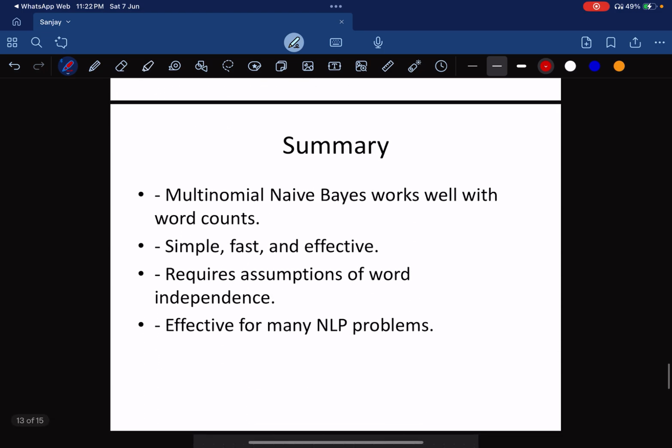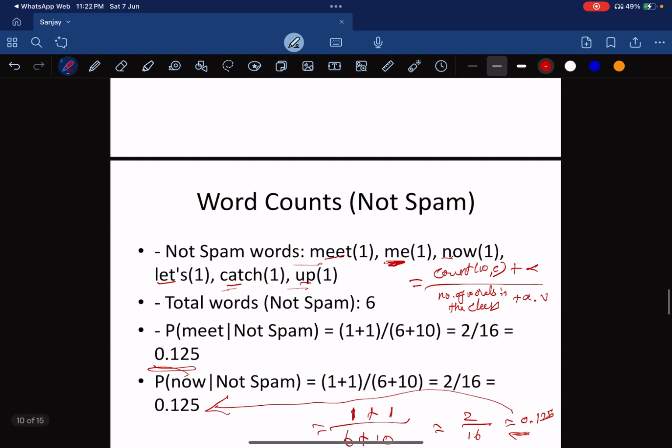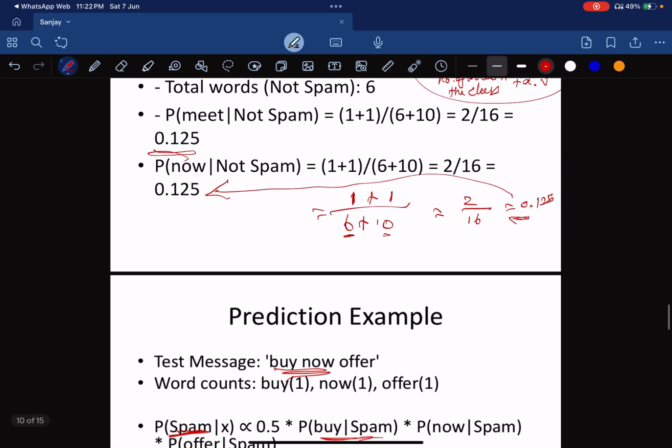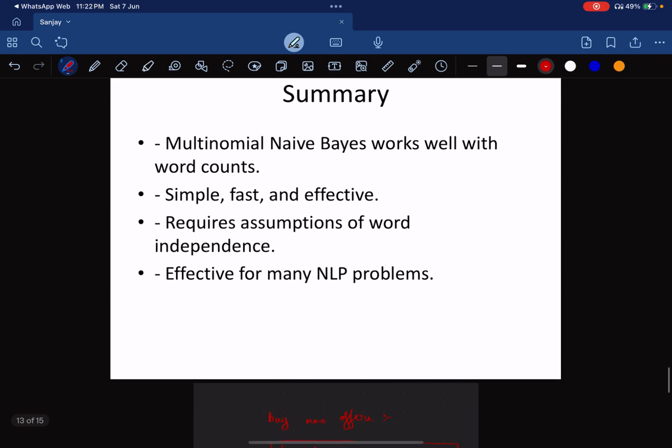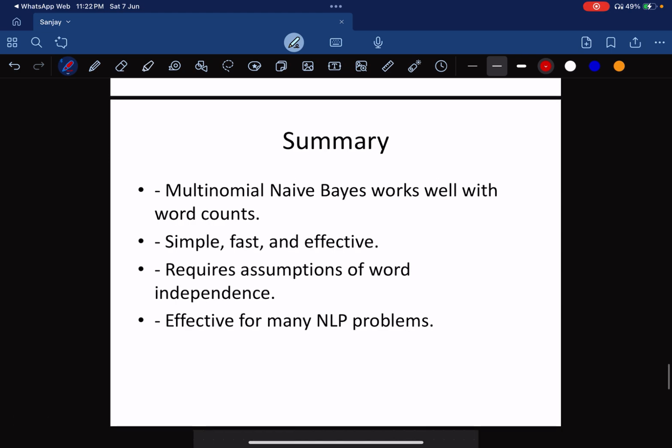In summary, multinomial Naive Bayes works well with word counts. It finds the frequency and uses the Bayes algorithm to find the probability. It's faster, simpler and effective.